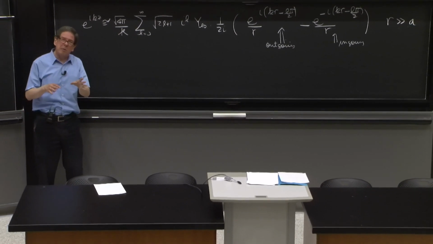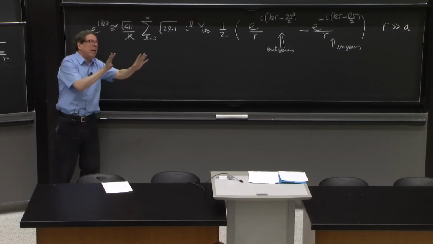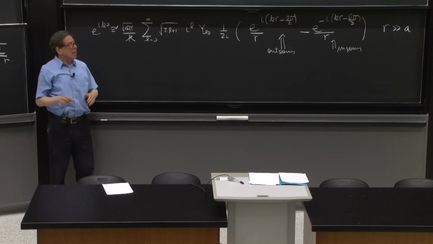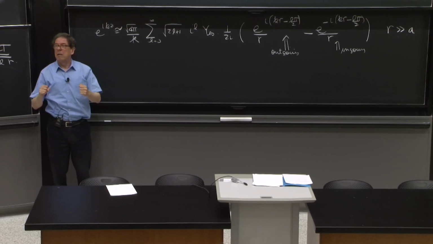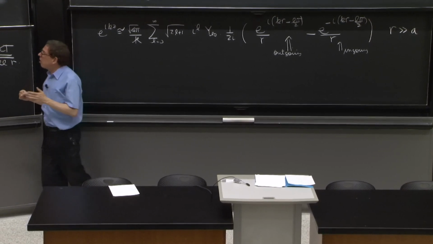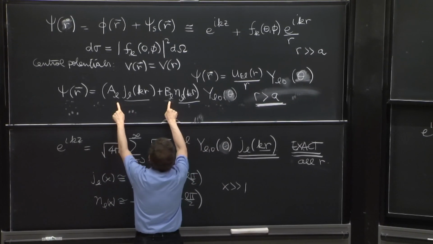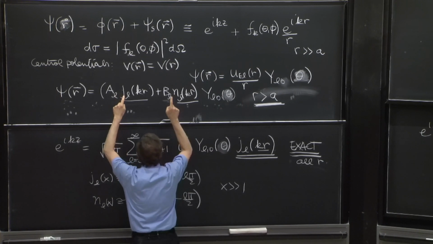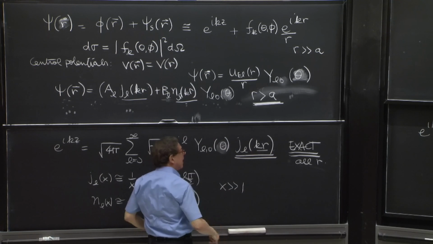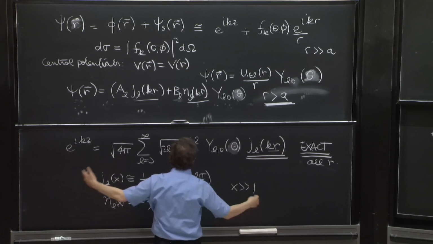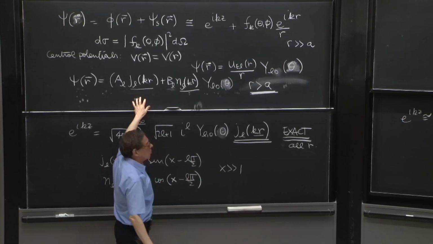This is not an approximate solution because we added over many L's and somehow they help to create an approximate solution. This is an approximate solution because each L is an approximate solution. Because to get a solution, you could have said L is equal to 50, and that's all what I'm going to use, and that's an exact solution. And therefore, when I look far away, it will look like that with L equal 50, and that would be an approximate solution that can be extended to a full solution.